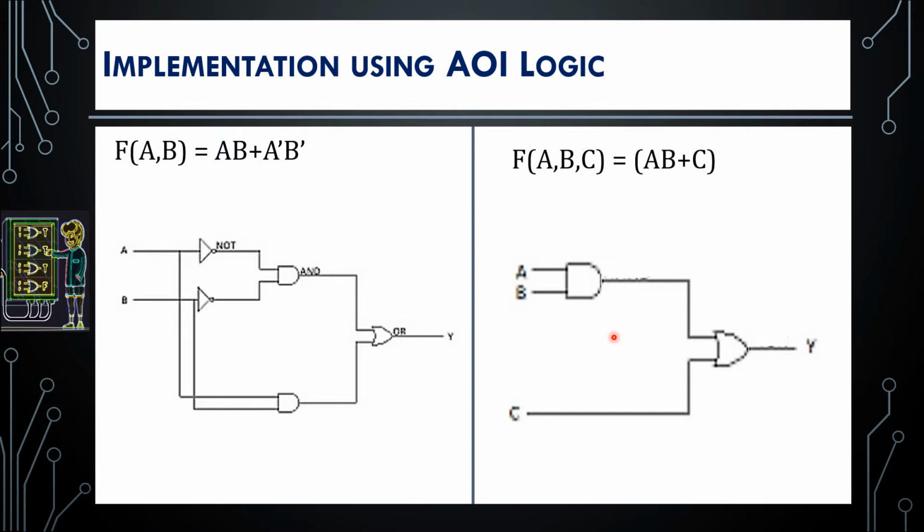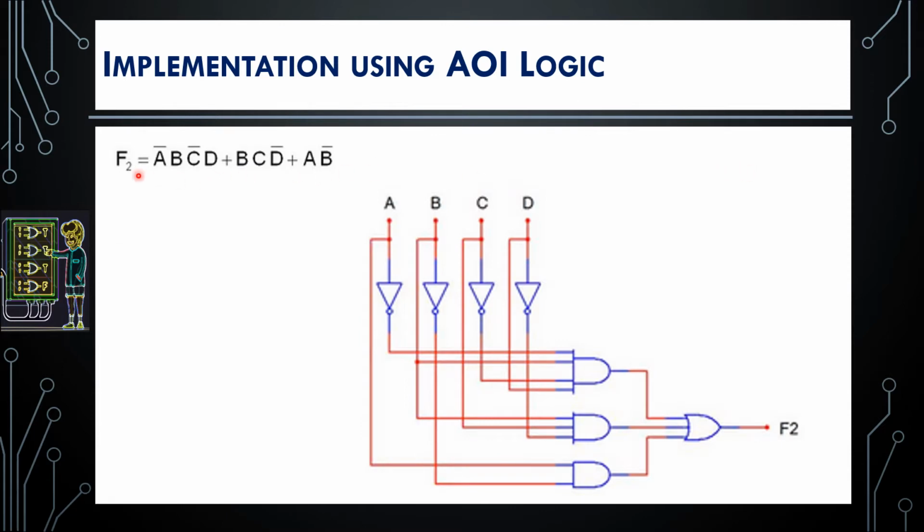Or you can simply take C as the input to the second-level OR gate. So the output from the AND gate and the C variable are connected to the OR gate to produce the final output.